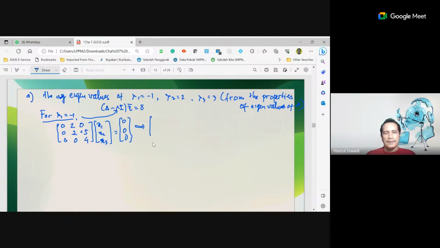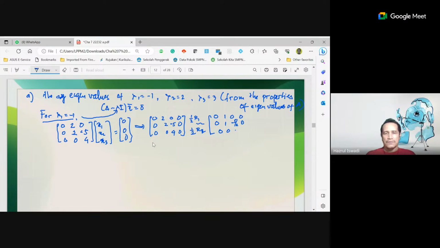And we have that 0, 2, 0, 0, 0, 2, minus 5, 0, 0, 0, 4, 0, and divide by 2, 1 over 2 R1, 1 over 2 R3, R2, we have that 0, 0, 1, 0, 0, 1, minus 5 over 2, 0, 0, 0.